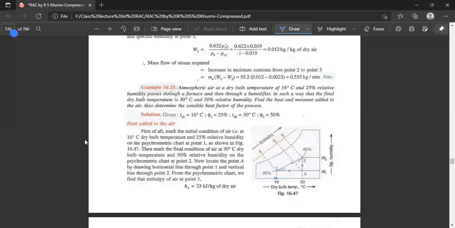Now we have these 2 points. We have to find the heat and moisture added to the air, and also determine the sensible heat factor of the process.